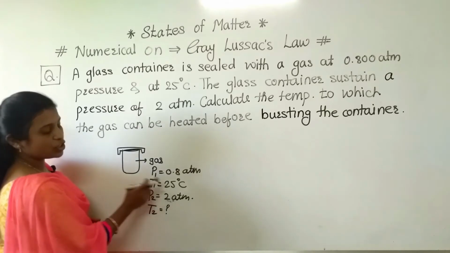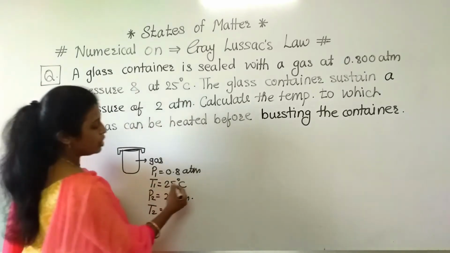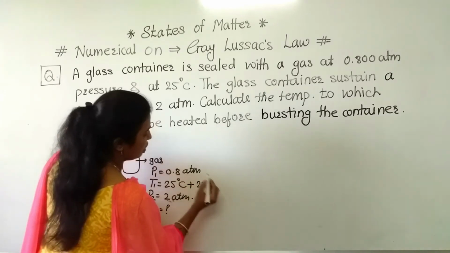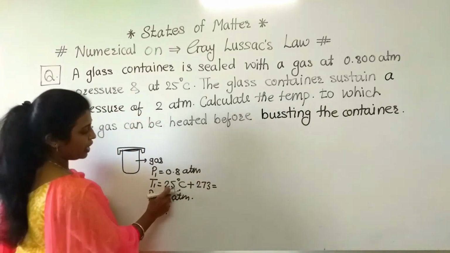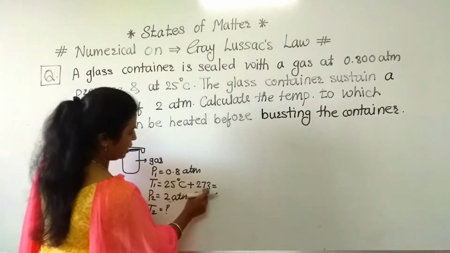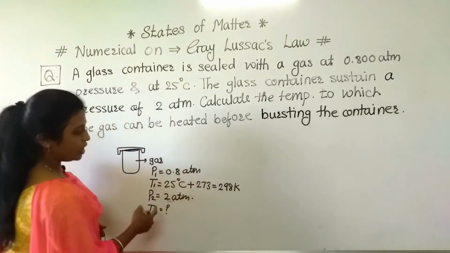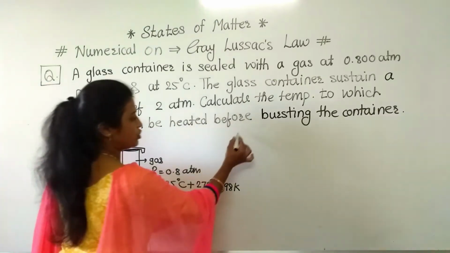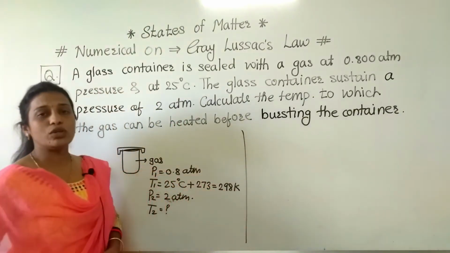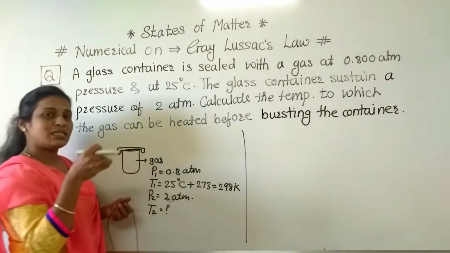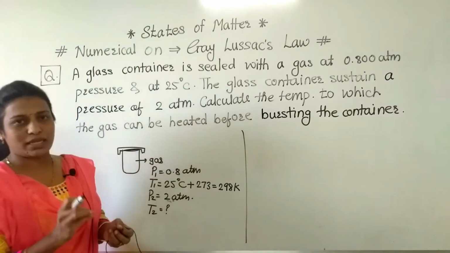Again, the temperature is given in degree Celsius, so to convert into Kelvin we have to add 273. After addition of this one we will get 298 Kelvin. Here we are going to calculate the temperature. So once again, according to Gay-Lussac's law, volume will be constant, because in that the gas is sealed, means whatever amount is taken is fixed.